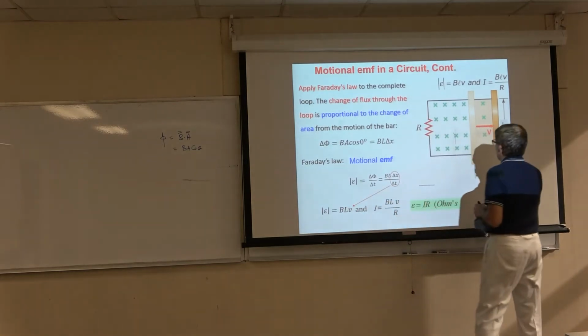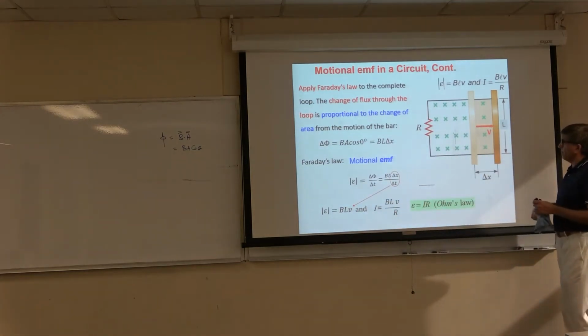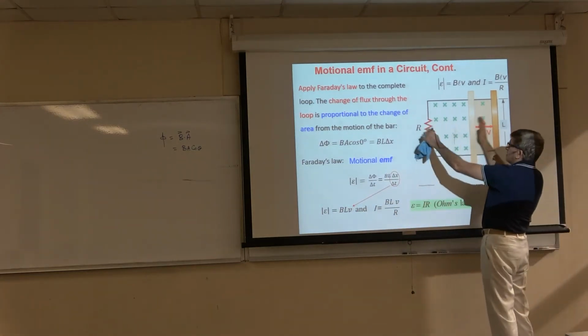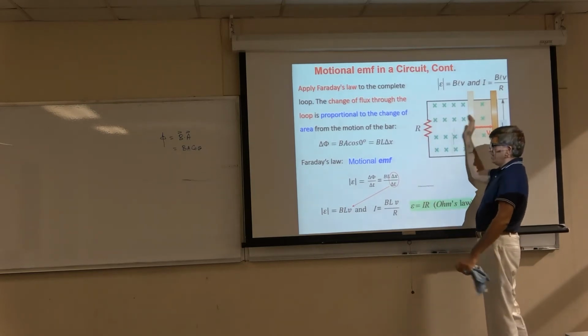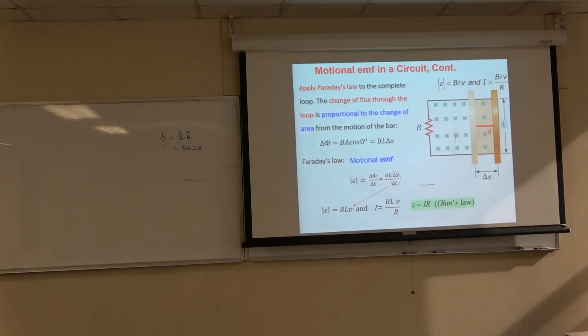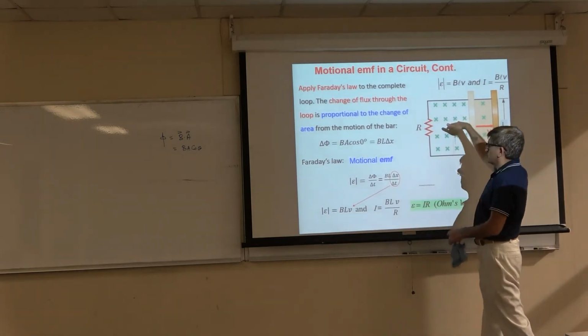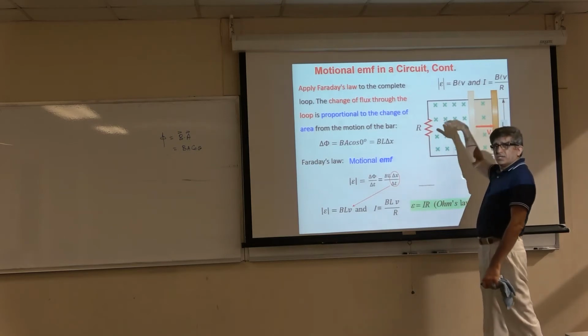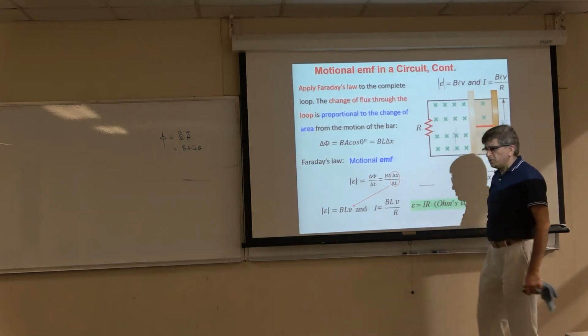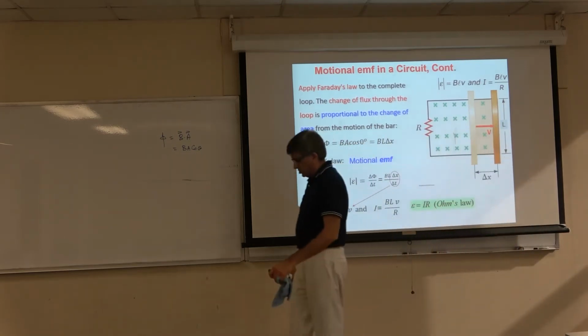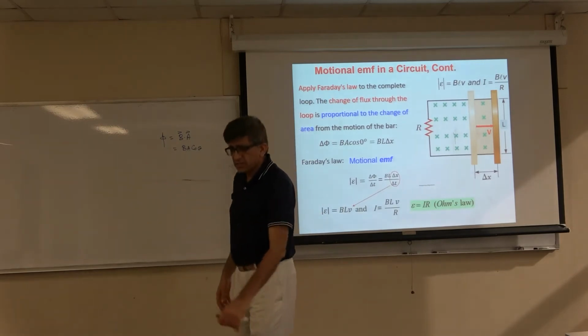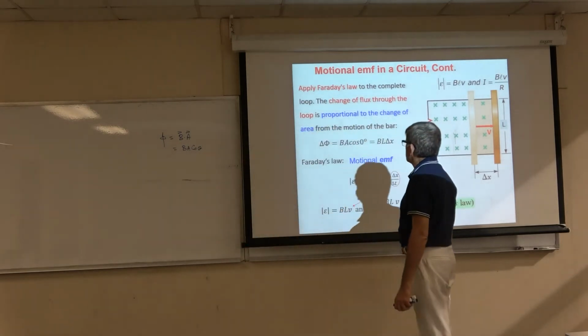Now here is the situation. This is the area. The magnetic field lines are into the page, and the normal to the area is also in that direction. So the angle between the normal to the area and the magnetic field vector is 0.